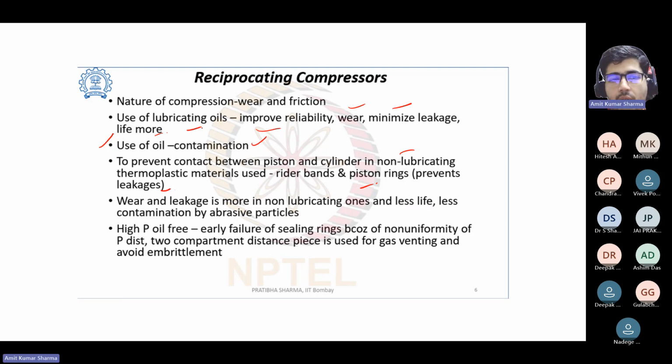Wear and leakage are more in non-lubricating ones and life is less, but there is less contamination by abrasive particles. If you are using it for high pressure and oil free, then there is early failure of sealing rings because of non-uniformity of pressure distribution. A two compartment distance piece is used for gas venting and to avoid embrittlement.